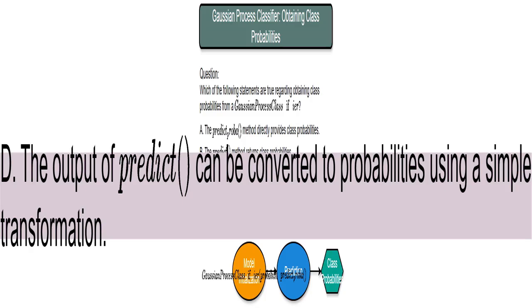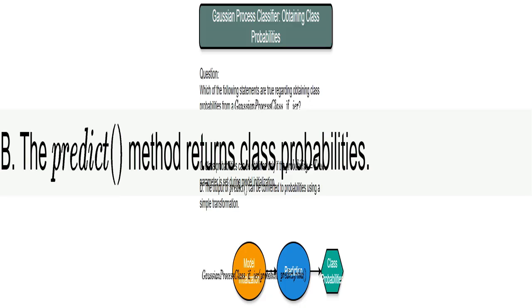This statement suggests there's an easy way to turn the output of the predict method, which gives class labels, not probabilities, into probabilities. Unfortunately, there isn't. You can't just magically convert class labels to probabilities. It's not a simple mathematical transformation. I'm checking another approach. The predict method is designed only to give you the predicted class labels, not the probabilities. It's like asking for the answer without seeing the calculations.